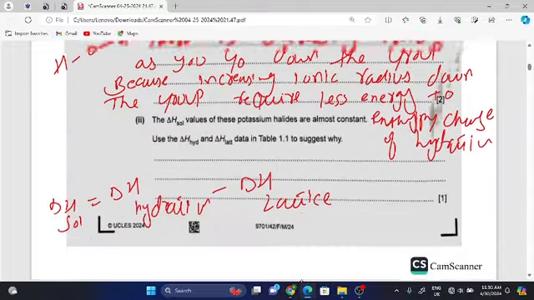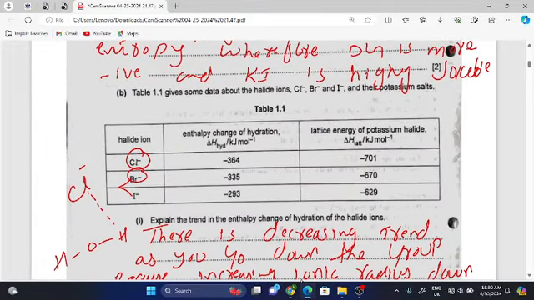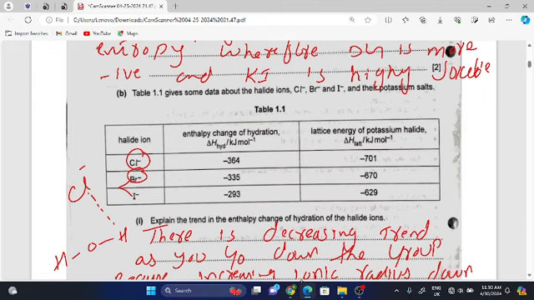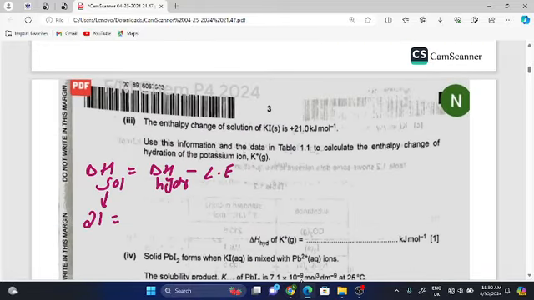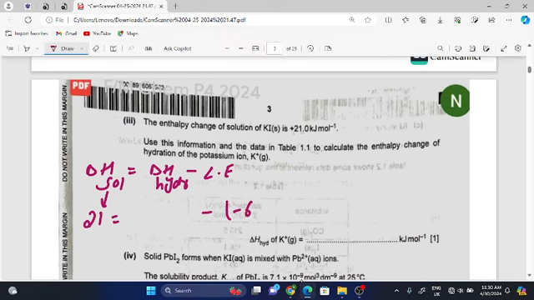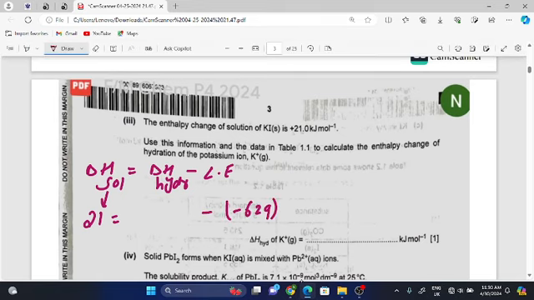Go back to the table and find the lattice energy value for potassium iodide, which is minus 629. Put it in here, negative because of the formula and negative 629 because of the table value.